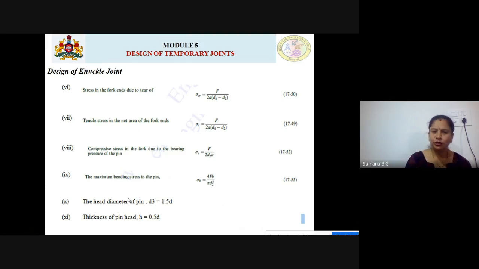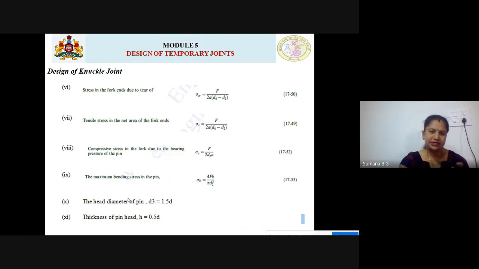Once we find all these parameters required in a knuckle joint, we find the maximum bending stress in the pin, given by equation 17.55. If the maximum bending stress induced in the pin is less than the allowable stress, then we can say that the design is safe. Else the design has to be reviewed.